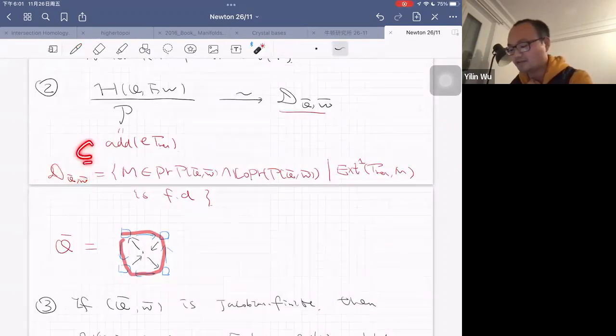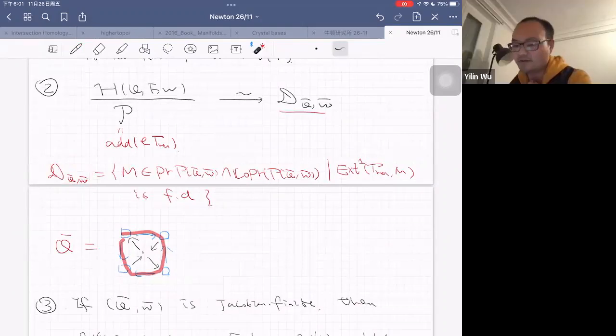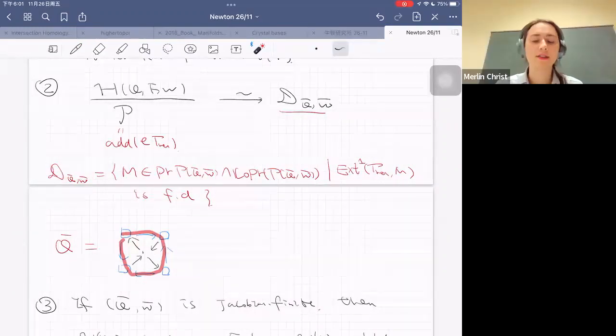This is a small category in the cluster categories. It's only a subcategory. So you're saying that the Jacobian-infinite case is a subcategory in the cluster category. Aha, interesting. Okay, thanks.